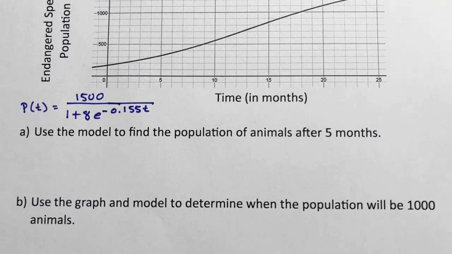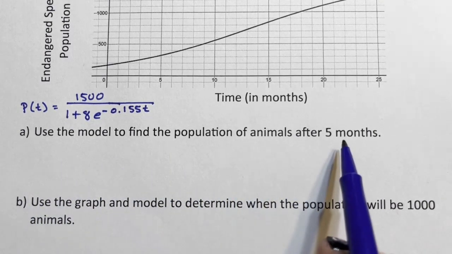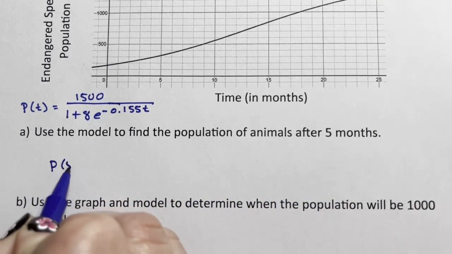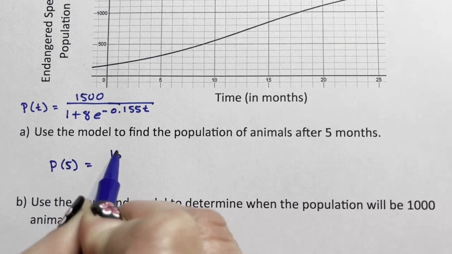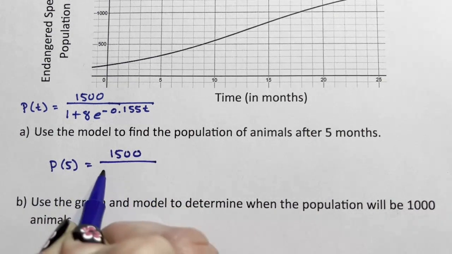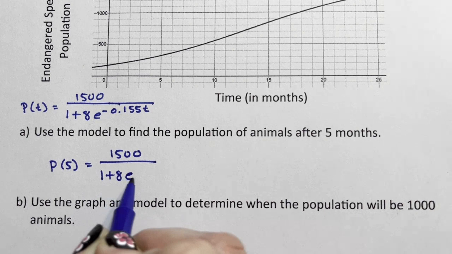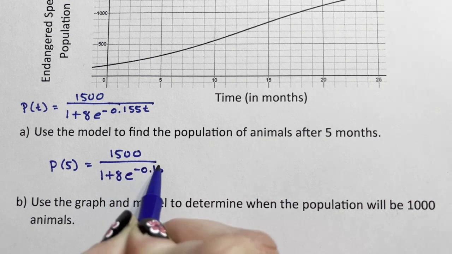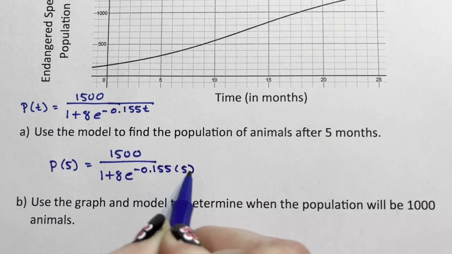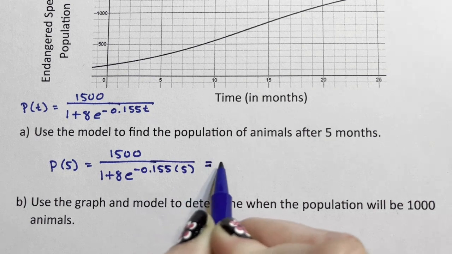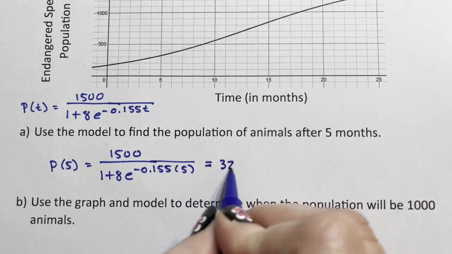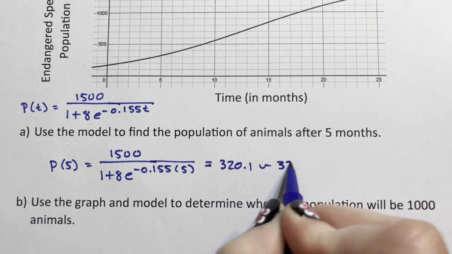Okay. It says use the model to find the population after 5 months. So that's P of 5 equals 1,500 divided by 1 plus 8e to the negative 0.155 times 5. All right, so if I throw this into my calculator, I get 320.1, which is about 320 animals.